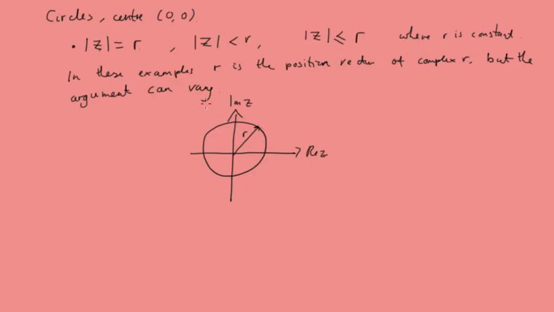So if modulus of z equals r, this line here is our locus. Right round here, that is our locus. It can just go round this route. But if modulus of z is less than r, then it can't be r, so it's the area inside.